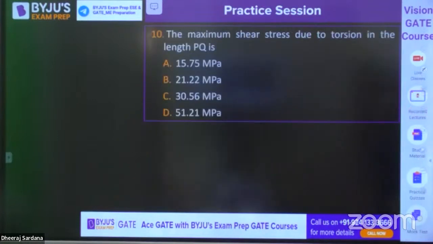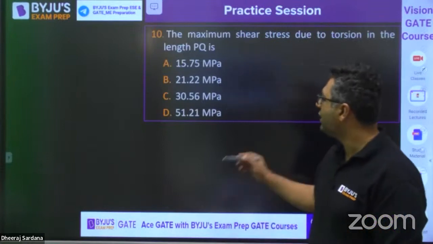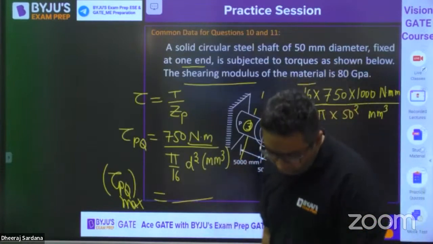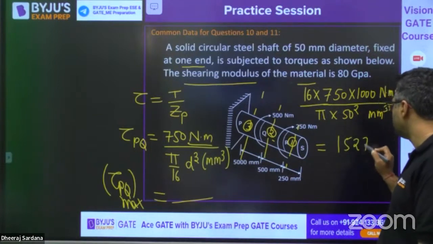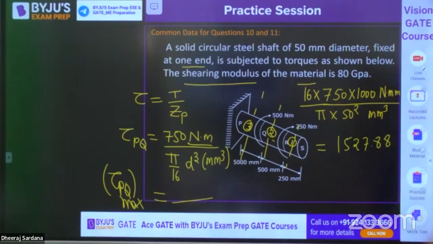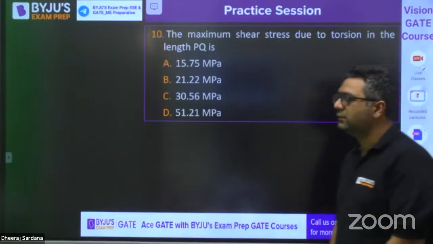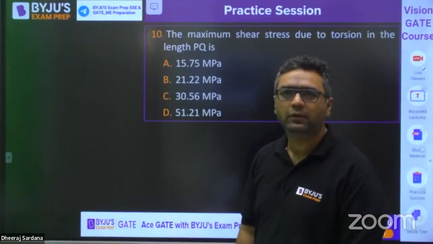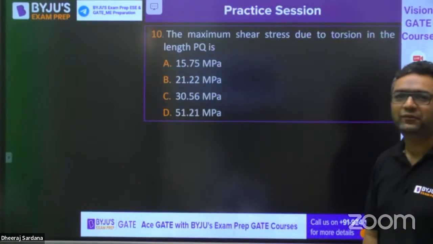Only Papa ka Ghoda has answered, none other have answered. So yes, you are going to get around 1527.88. Are you getting this? Again, some mistakes, Srishti. Fine.